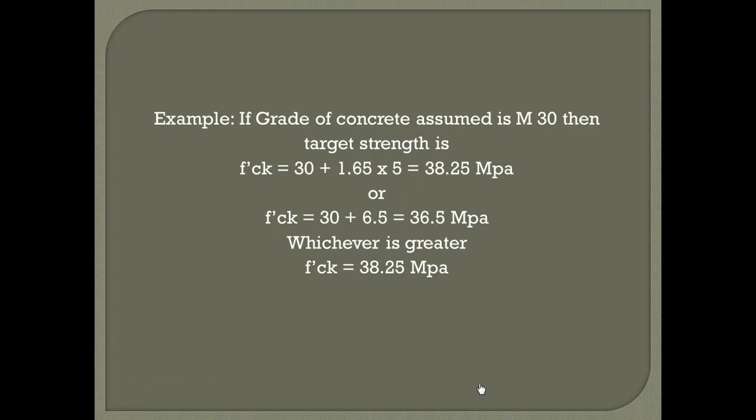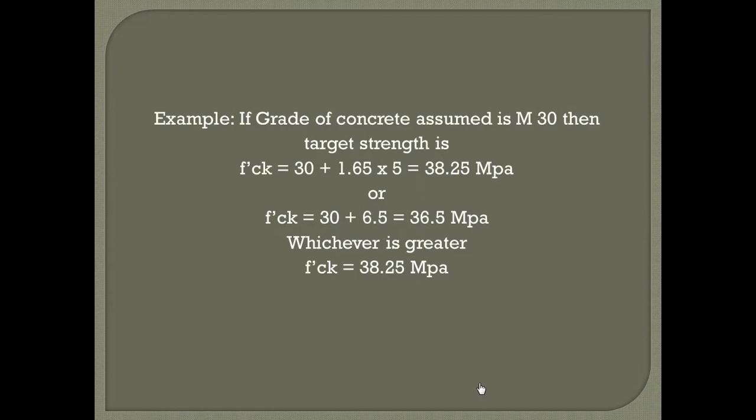So in this, I can say that the target strength required is 38.25, whereas the characteristic strength is only 30. So after doing the mix proportion, when you cast the cubes and test them, all the values should be in the range between 30 to 38.25.